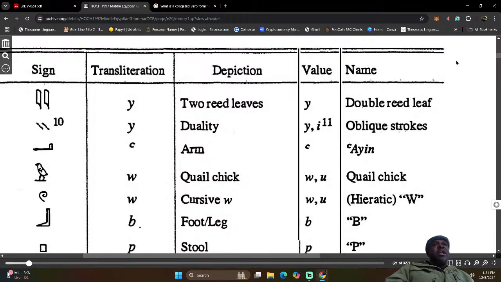So if you remember the glyphs he said to remember first, even though we know they're reed leaves, you will hardly ever read a text where their being reed leaves is actually significant to the meaning of what you're reading.